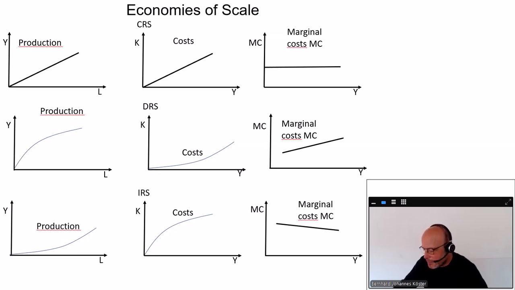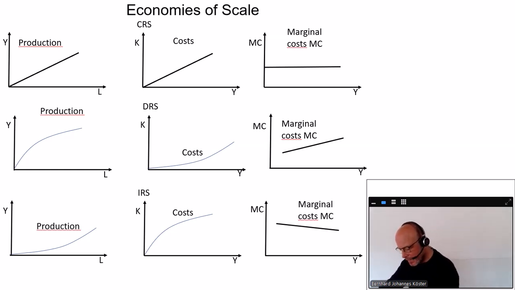Okay, so maybe as a little recapitulation. Of course, if we are looking at a production with increasing, decreasing, and constant returns to scale, this we can translate into the slope of the cost function. And then, of course, very important, since we are still, and this is of course still our assumption, a profit maximizer, then we are also interested in the development of the marginal costs.